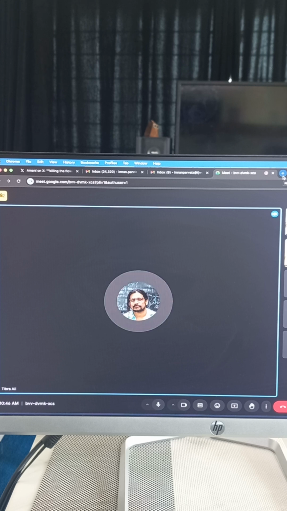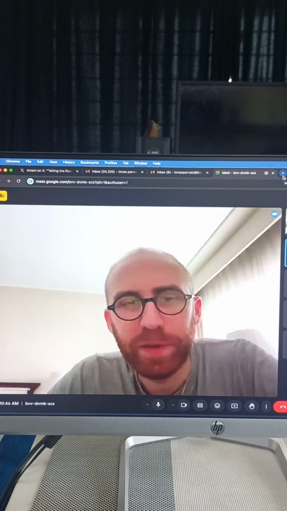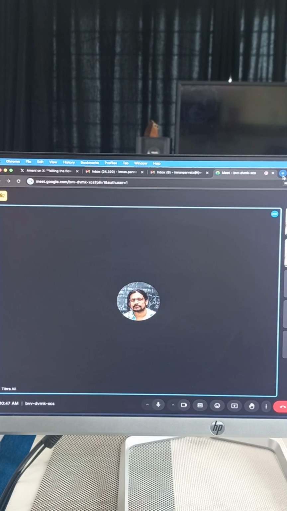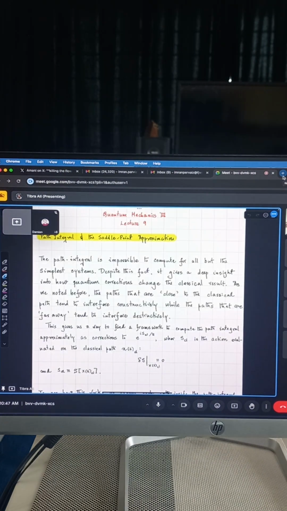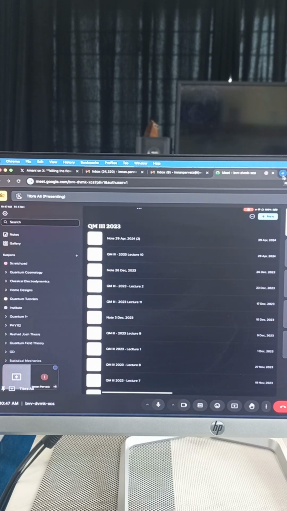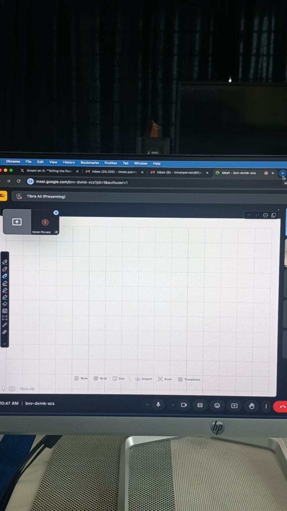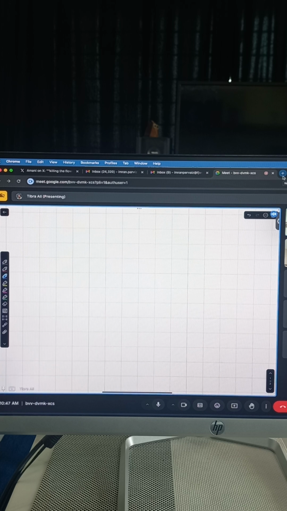So, shall I share the screen? Yes, please do. I will mute myself, but you guys can talk. And maybe if you choose the landscape position, so now we have more screen area for your writing device. Okay.